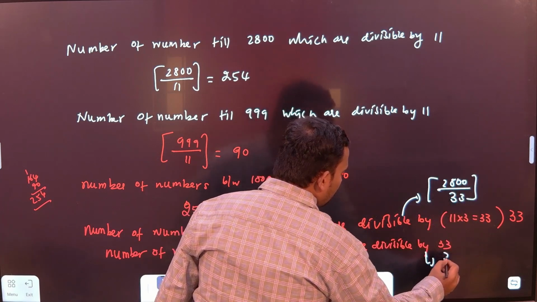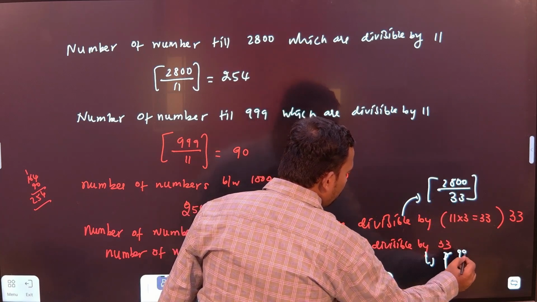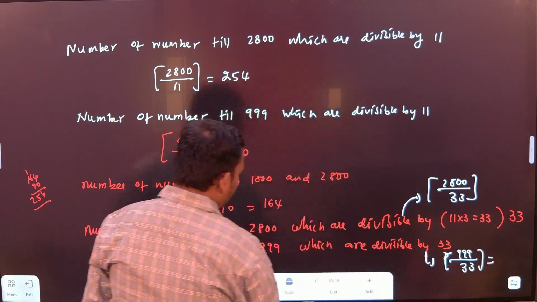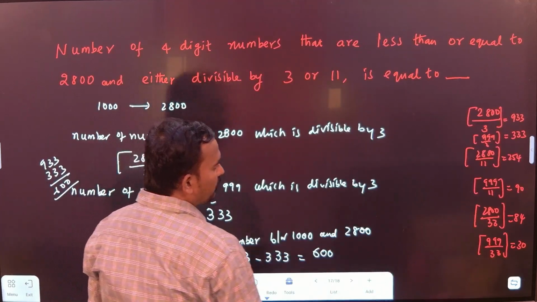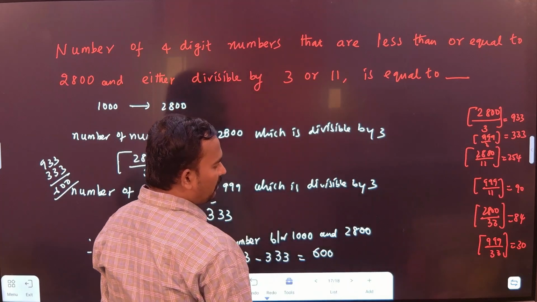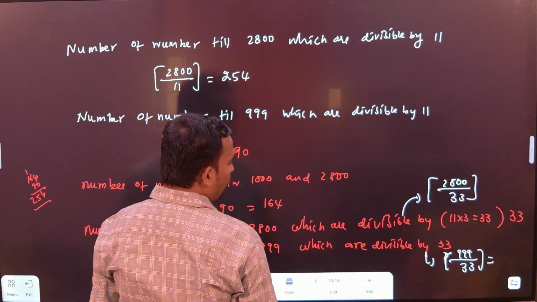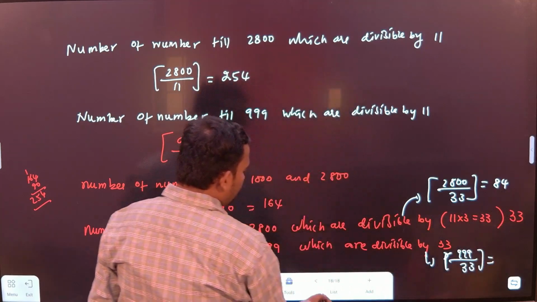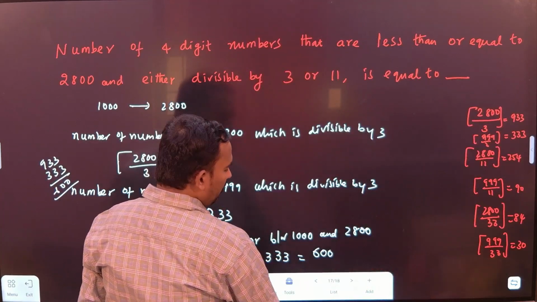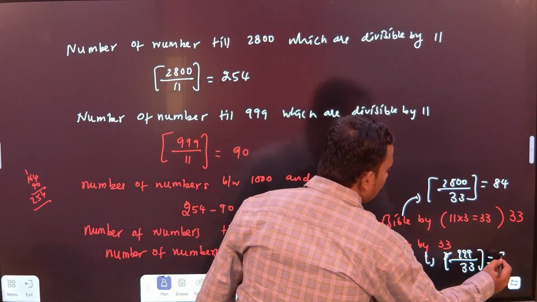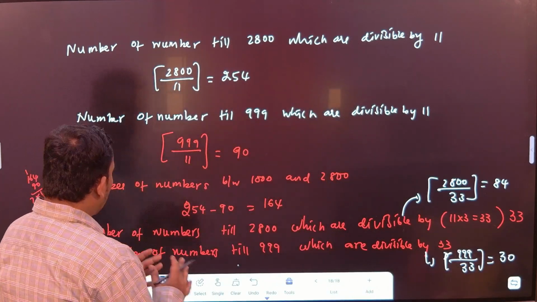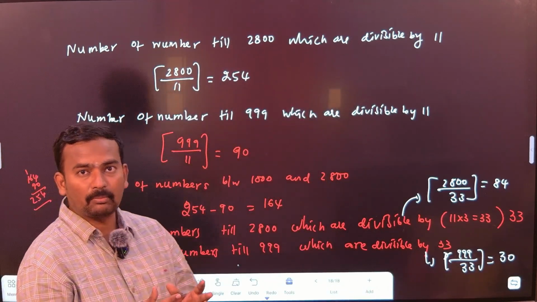The second will be the greatest integer function of 999 by 33. So you can see the answer. 2800 by 33 is 84. And 999 by 33 is 30. Clear?